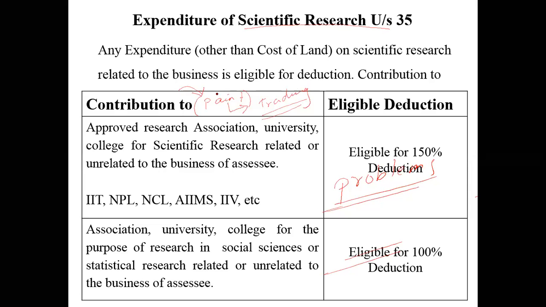She just thought of it, and she did some research. She came to know about it, but there is no authentic proof for what she said. So what did she do? She approached one of the approved national institutes, called NCL. NCL stands for National Chemical Labs. It is run by the government of India. NCL is situated in India at a place called Pune.